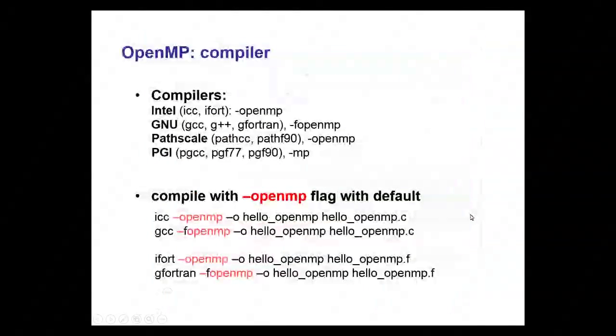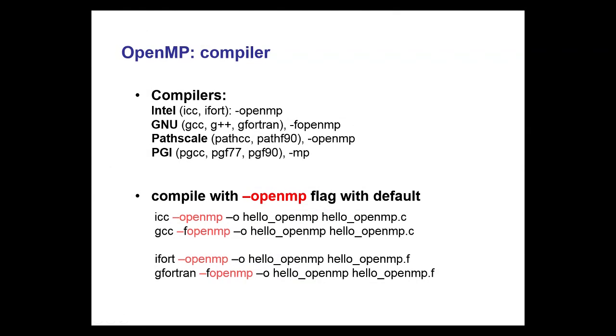Okay. So now I want to talk about the compilers, because OpenMP is a compiler directive. So understanding the basics of the compilers is important. At SHARCNET, we have all kinds of compilers. The default one we use is the Intel compiler, and people still like to use the GNU compiler because it's more widely used and common on all systems.